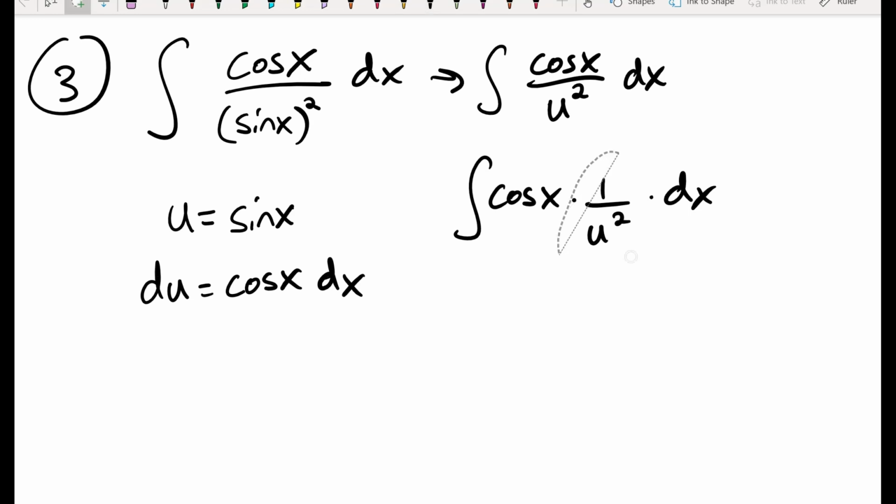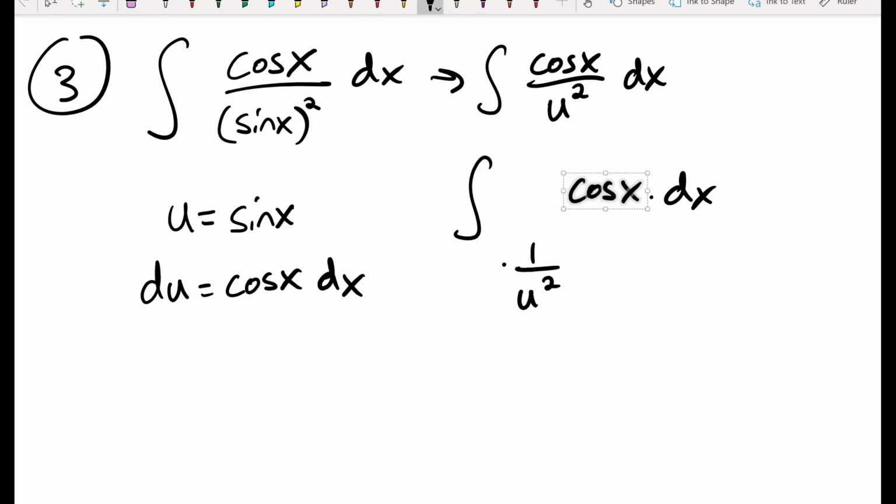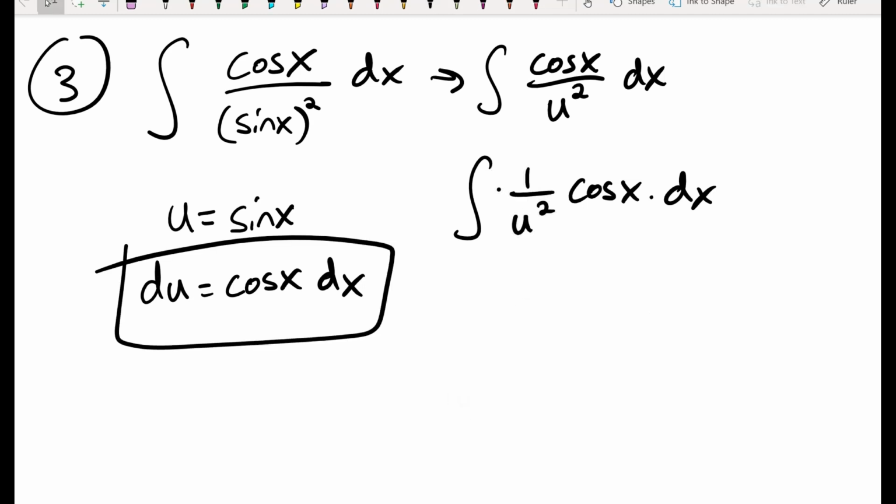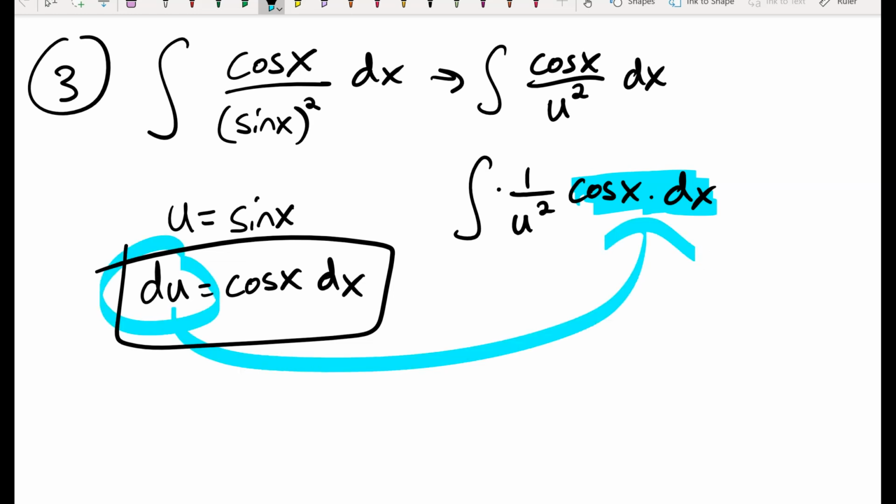But for us right now, it might make it easier to write the cosine next to the dx, because if you look at du, that's precisely what we have there. So du is equal to cosine x dx. And cosine x dx are the two x terms that I still need to get rid of. So instead of writing cosine x dx, I'm just going to replace it with du.